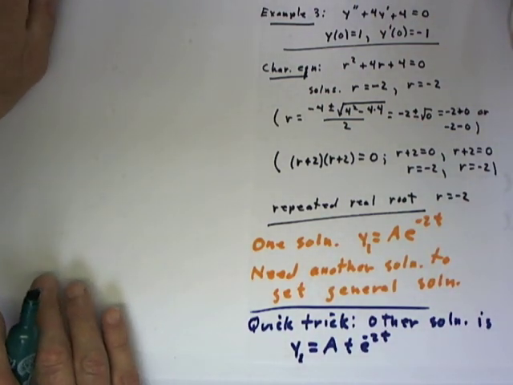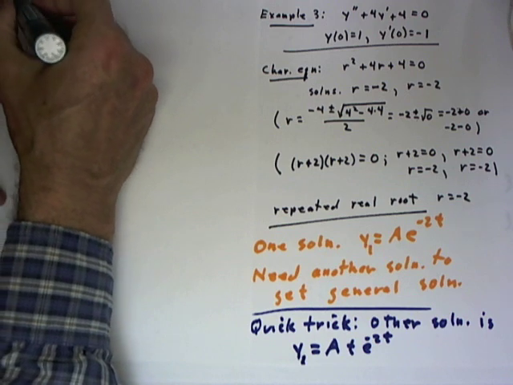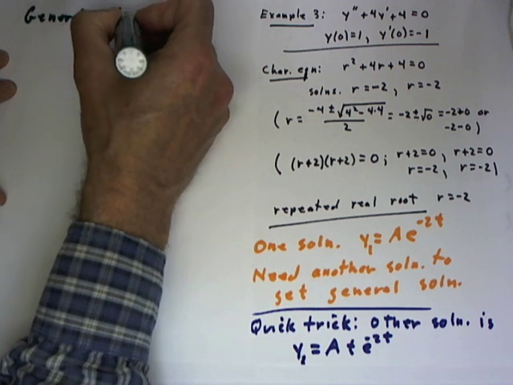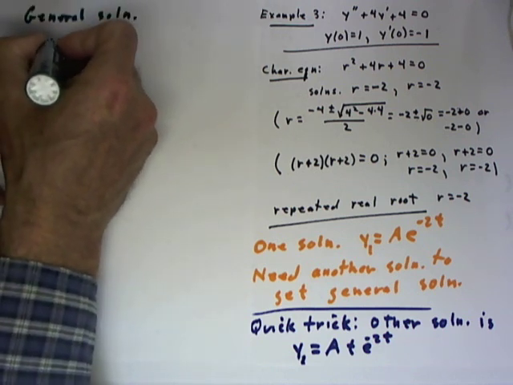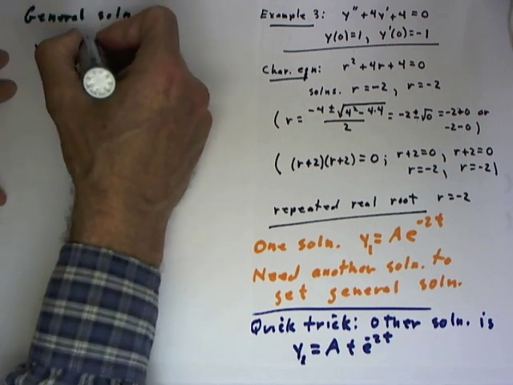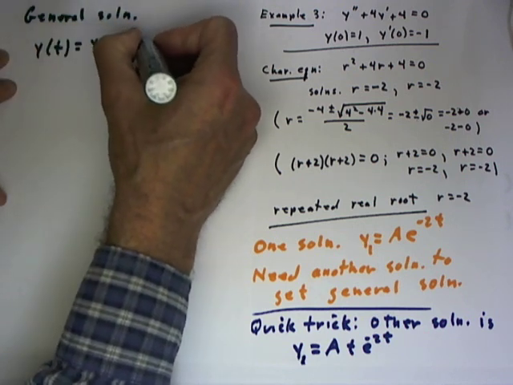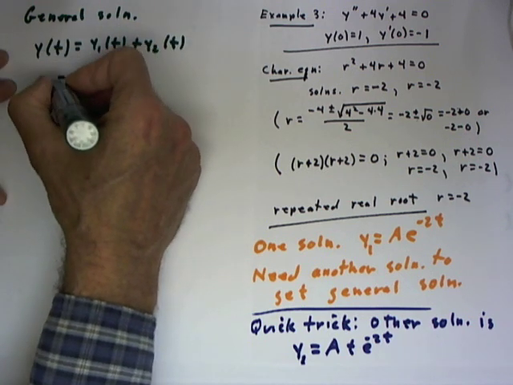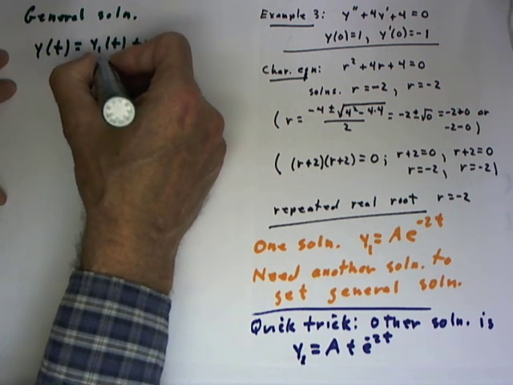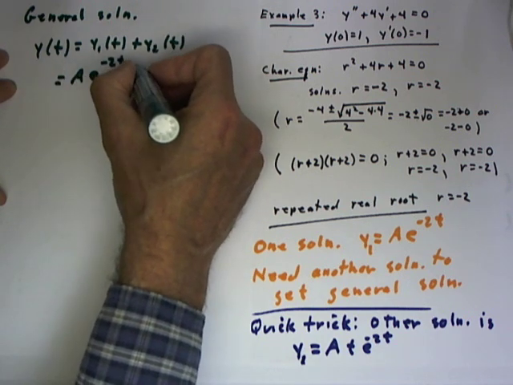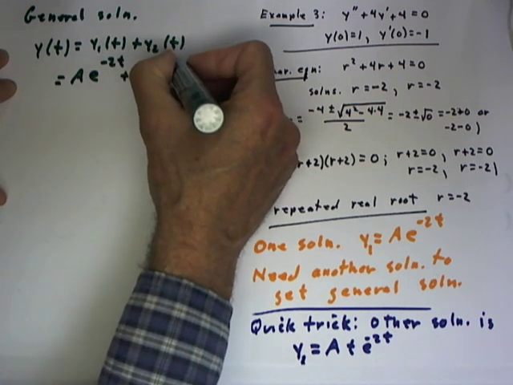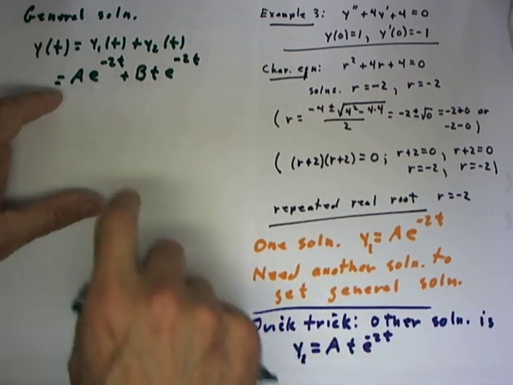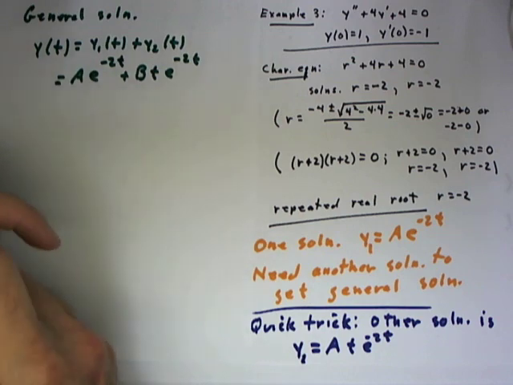So that our general solution is going to be y of t equals y1 of t plus y2 of t, which is going to be a e to the -2t plus b t e to the negative 2t, where I use b instead of a because these constants are arbitrary constants.